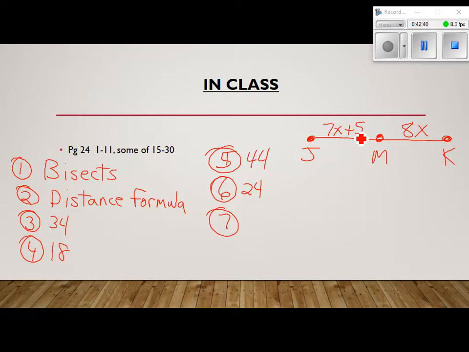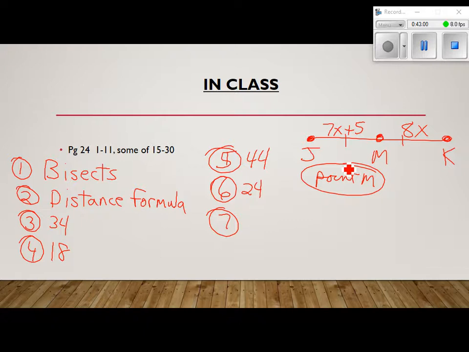And they put these little tick marks on here, and that tells us they're congruent. If these two segments are the same, then what's the segment bisector in this case? Point M. So that's part of our answer.